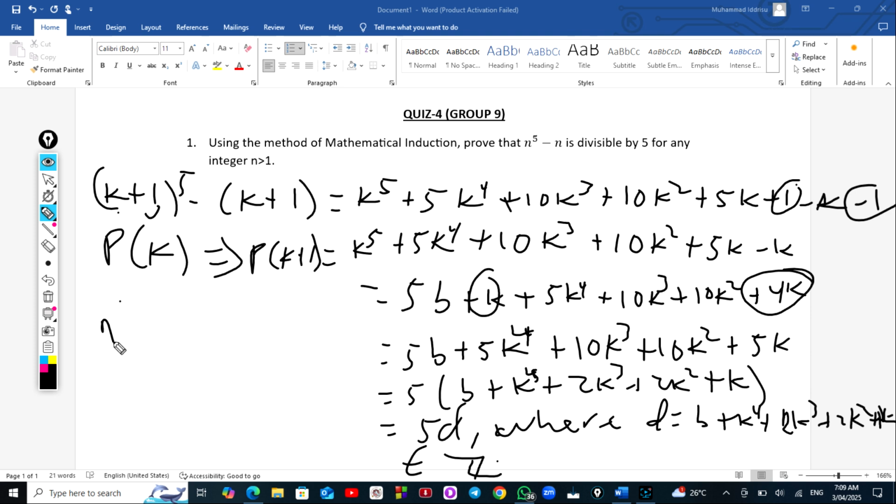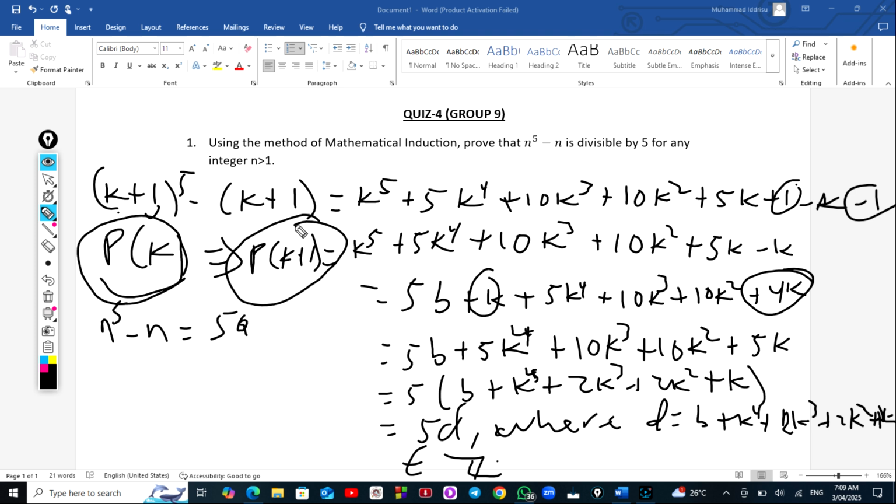Your conclusion should be: hence, since p of k implies p of k plus 1, then n to the power 5 minus n is divisible by 5 for any integer n greater than 1.